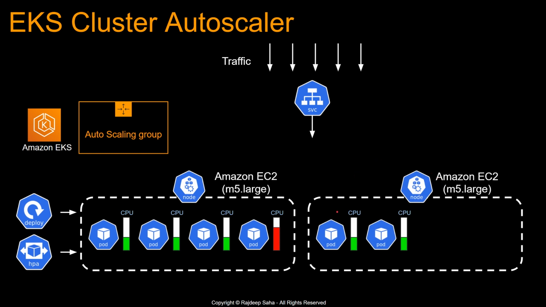And pods will start to come up in that new EC2. And traffic will start getting distributed, and the original pod CPU will go down to 30%. However, in this video, we are going to go deep on the horizontal pod autoscaler, and we are going to look into cluster autoscaler in a separate video.